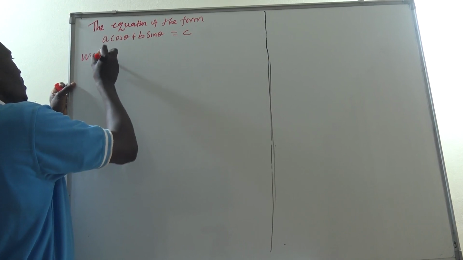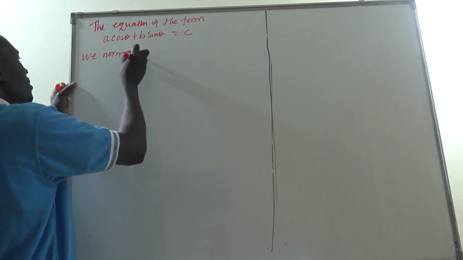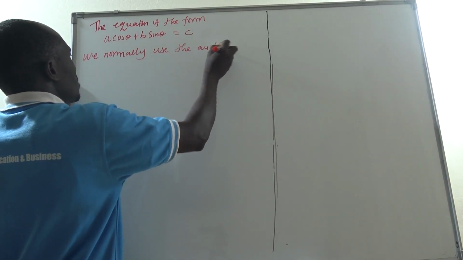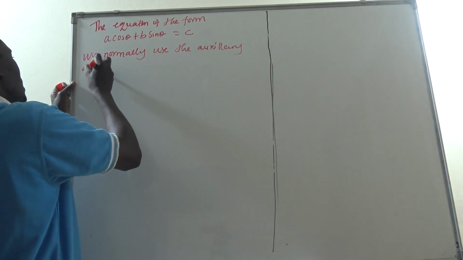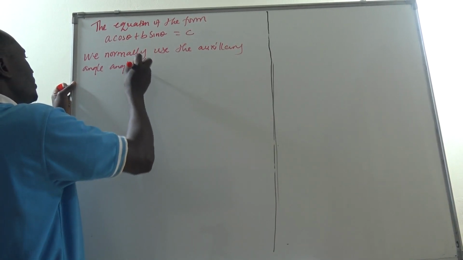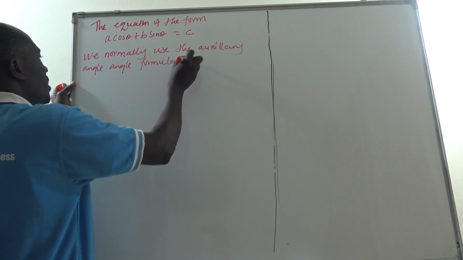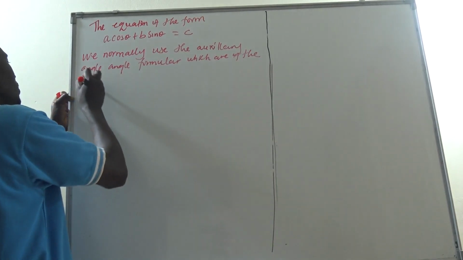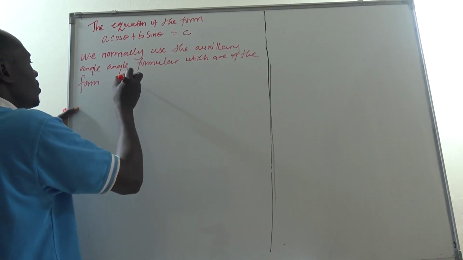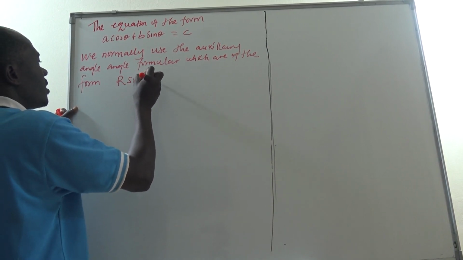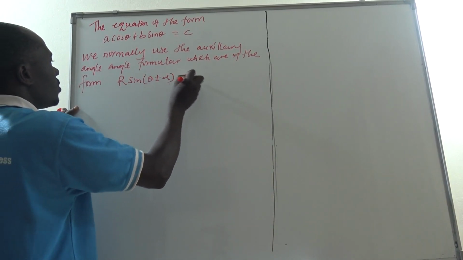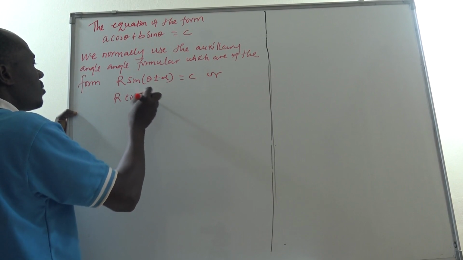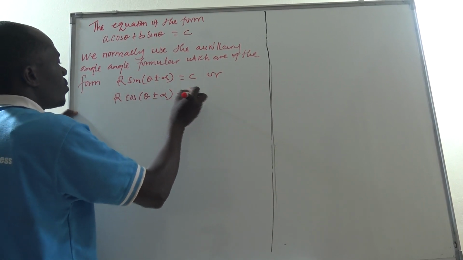We normally use the auxiliary angle formula, which is of the form r sin(theta plus or minus alpha) equals c, or r cos(theta plus or minus alpha) equals c.